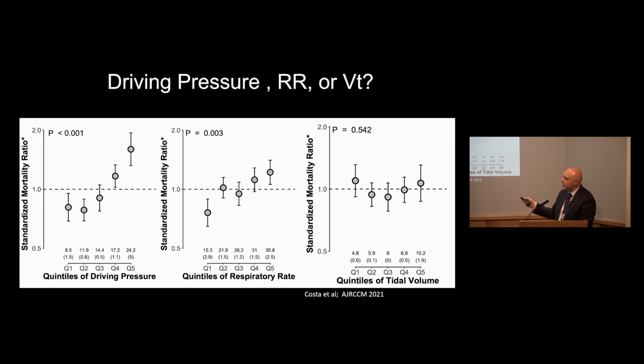But also, what Salvatore was saying earlier on with these animal studies, you can see also the respiratory rate is quite important. And it makes sense. If driving pressure of 20 is injurious once per minute, if you do it 35 times per minute, it makes more sense that it's more injurious.